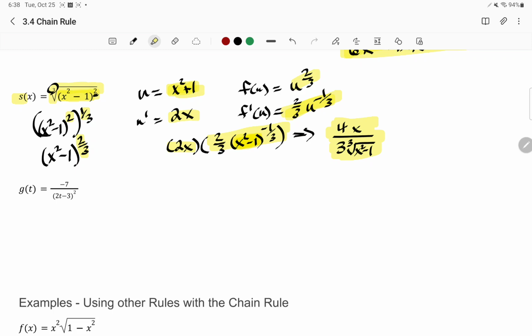So let's take a look at g of t. Now with everything that we know how to do, it opens up what we're able to do, because for g of t, there are a couple different ways you could do this.